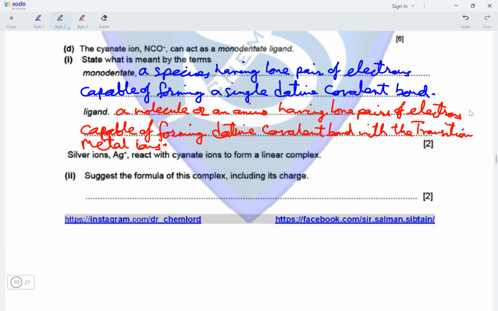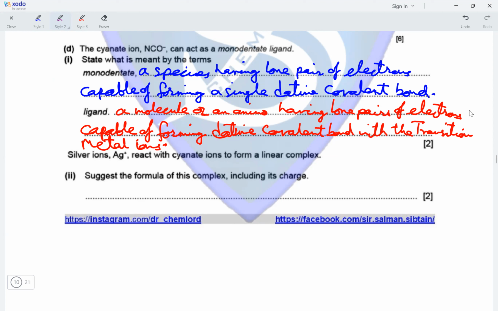Next, silver ions Ag positive react with cyanate ions to form a linear complex. Give the formula of this complex, including its charge. If cyanate ion is monodentate, then Ag positive would be bonded by two cyanate ions, because in a linear complex we've got two ligands in a 180-degree orientation bonded to the central transition metal ion.